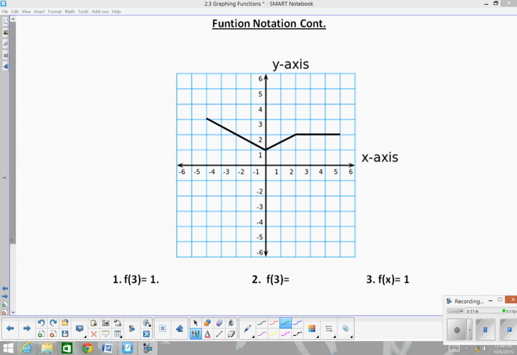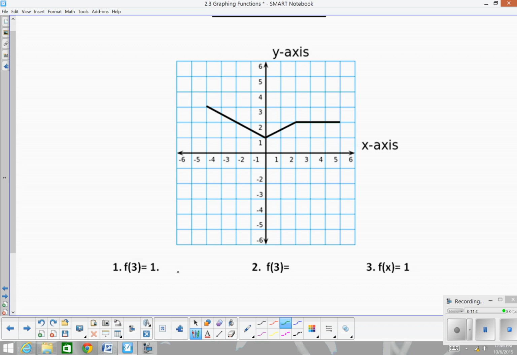Okay, so now I'm saying right here, f of 3. Now, if I have f of 3, that shouldn't be there.